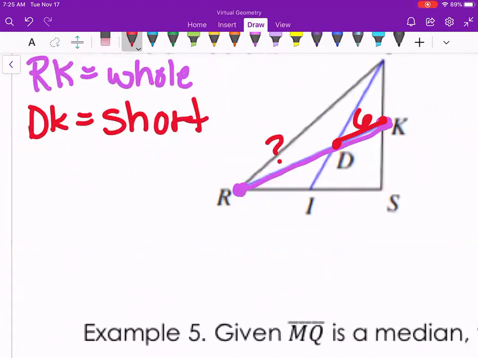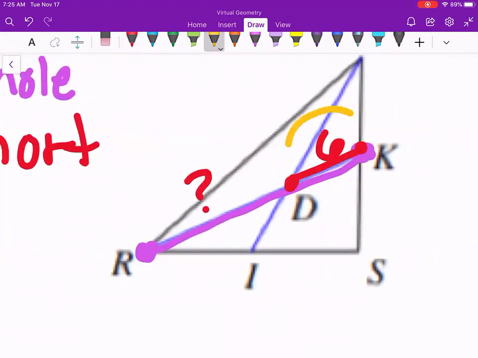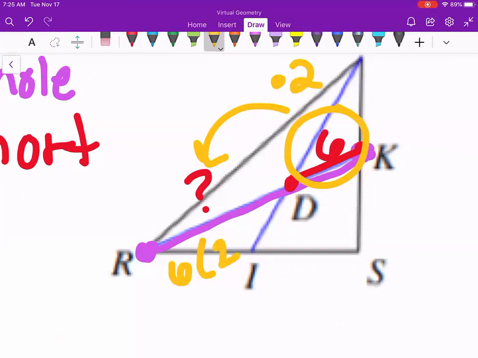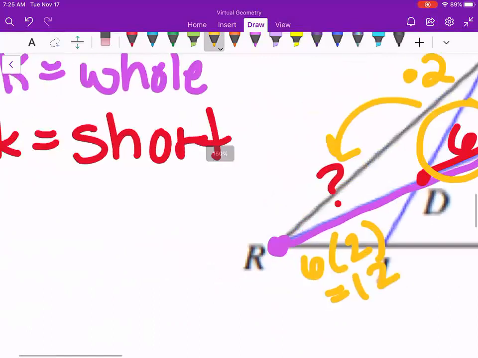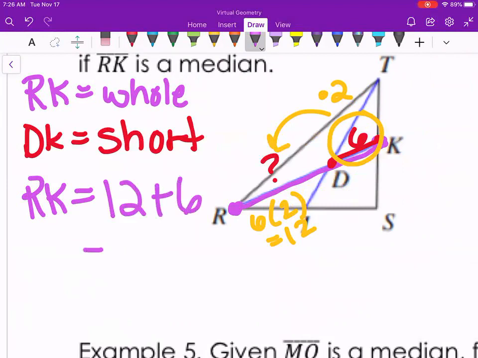So to get this missing side, I can take my 6, multiply it by 2, which means it's 12. So RK is equal to 12 plus 6, which is 18.